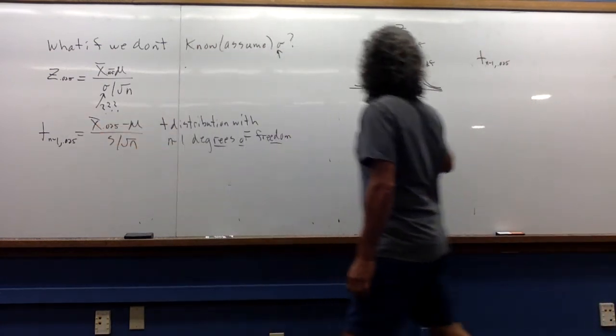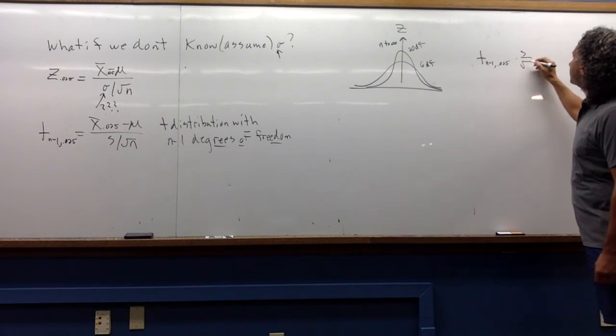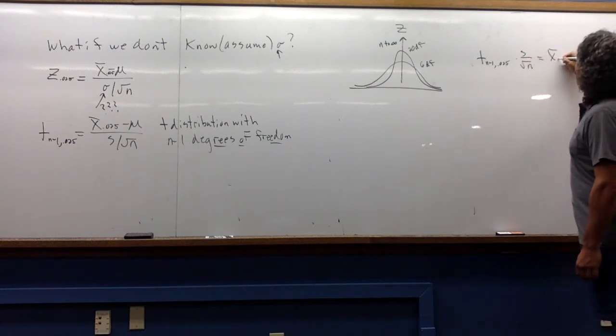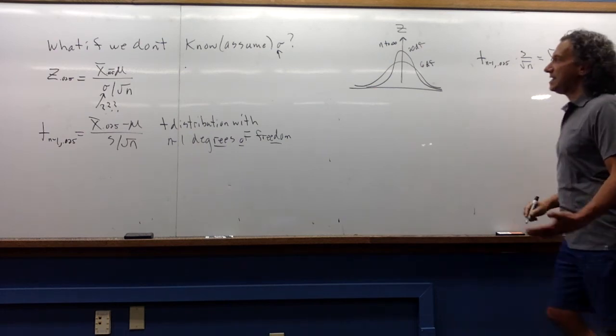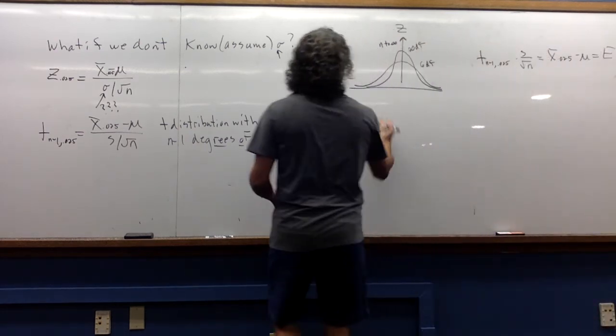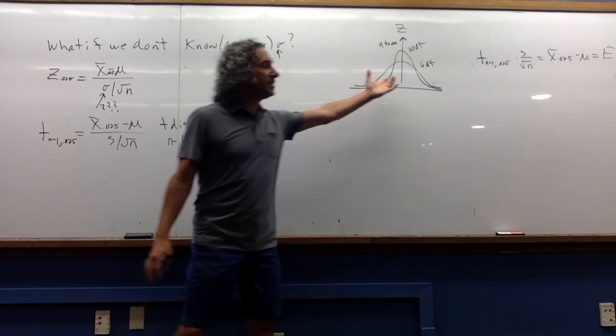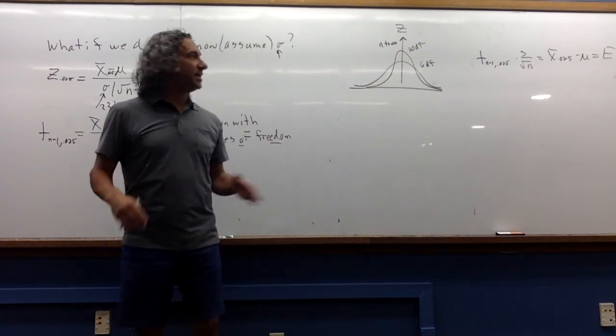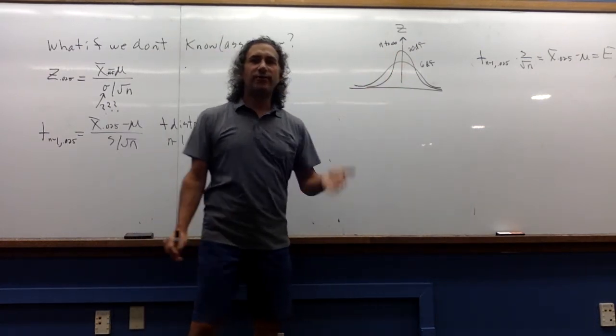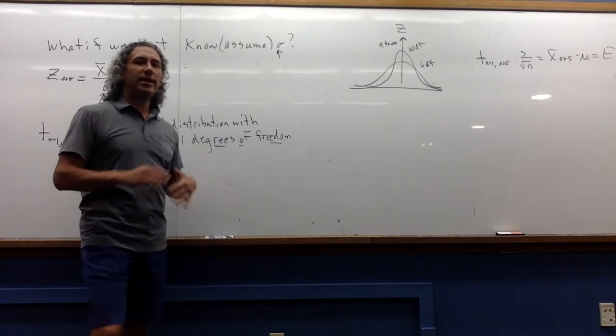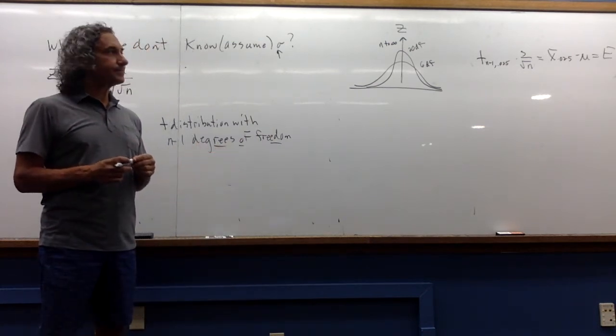If I multiply that by s over root n, that will be x bar sub 0.025 minus mu, which again is my E. Nothing about the picture changes because our picture is still normal-ish. Still looks like this. So if you review the proof we did earlier, it's the same exact proof.